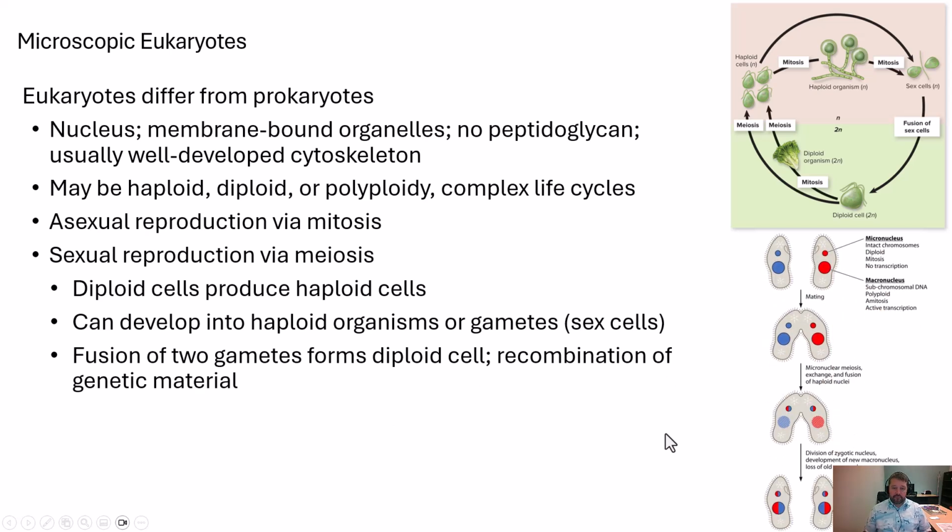Other things that really connect eukaryotes to prokaryotes are things we see in protozoans, where they have two types of nuclei, a micronucleus and a macronucleus. So it's similar to a plasmid and the single chromosome of a prokaryote. Prokaryotes have that single chromosome inside a nucleoid region, and then they have plasmids, which are also genetic material that provides potential advantages in different environments.